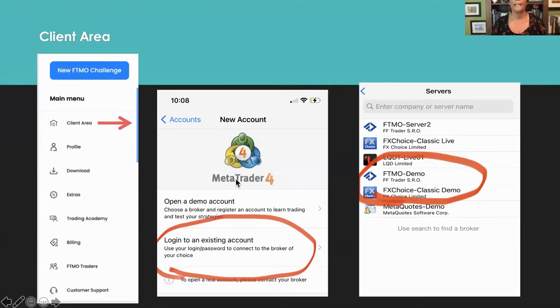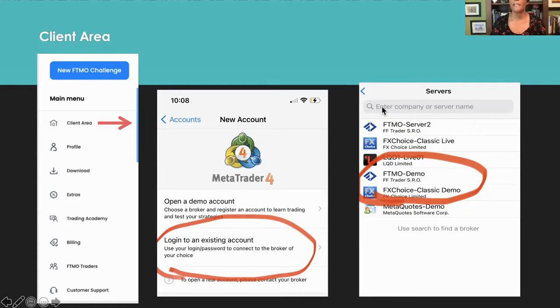They're talking about an MT4 demo account. You don't want that. You are wanting to log into an existing account because you have an account on hold through FTMO. So you click on that, and then it takes you to a search bar here.